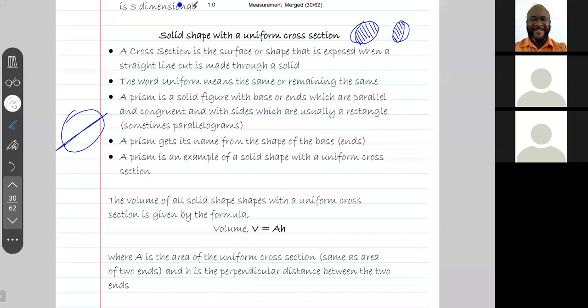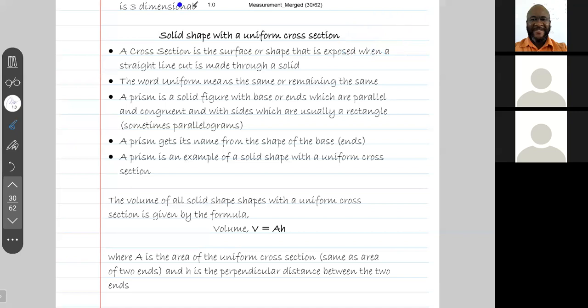It's not a sphere, it is a circle. The orange itself is a sphere. But when you cut the orange, the surface that is exposed is a circle. That surface is called the cross-section. Guys, have you ever been to the doctor's office and seen the cross-section of somebody's inside?